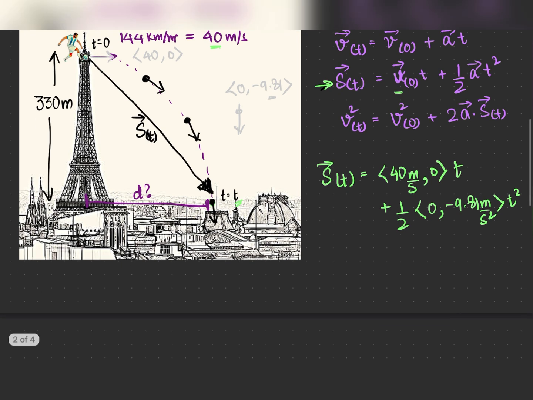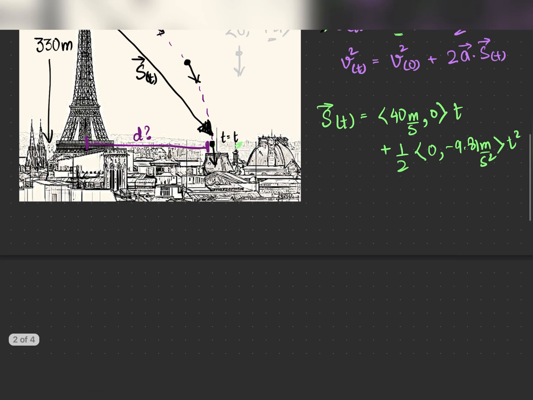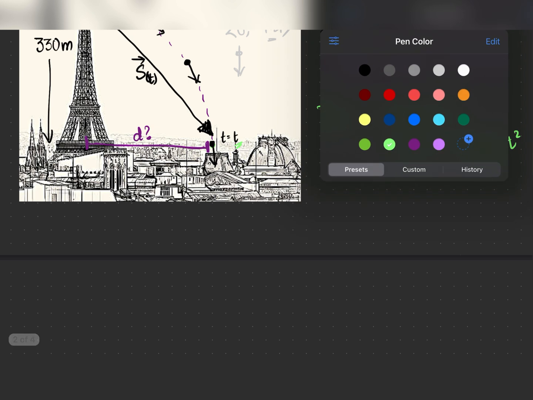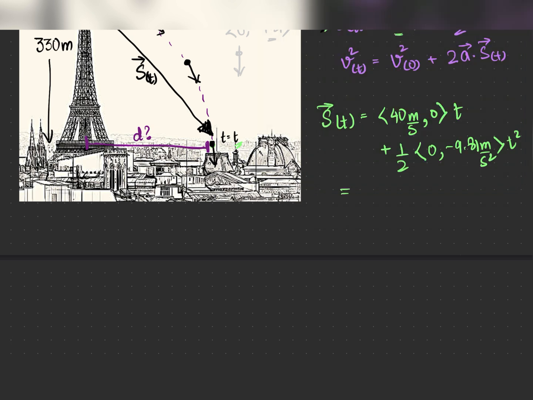All right, so what can we do now? Well, we can explicitly solve this. We can add the common components, which makes 40t meters as the x component, and for the y, it's going to be 0 times t, minus half times the gravitational pull times t squared.